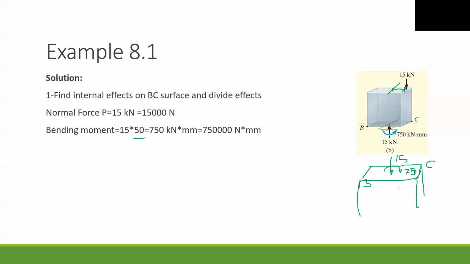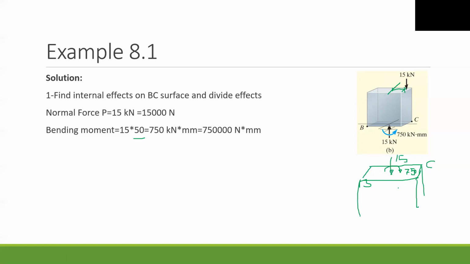You will obtain the same result. It is up to us. If you have any trouble finding the direction of the moment, ask as a comment and I will explain.